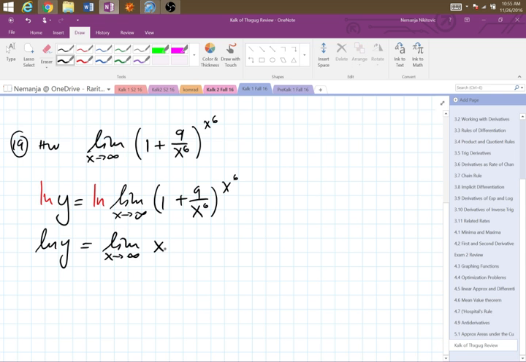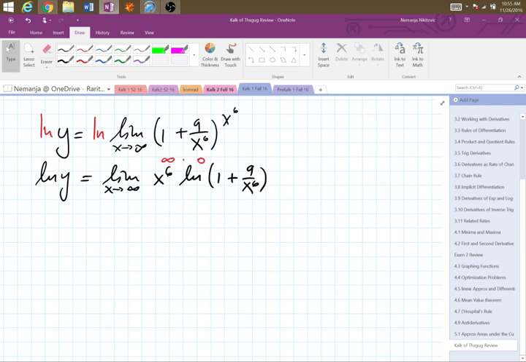And now we drop x to the 6 in front of ln. And then we check, and we get infinity times 0. Once I have infinity times 0, we can use our 1 over f trick.